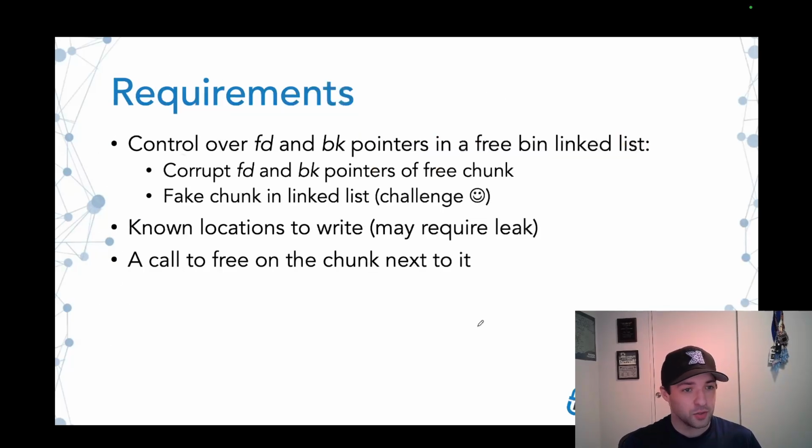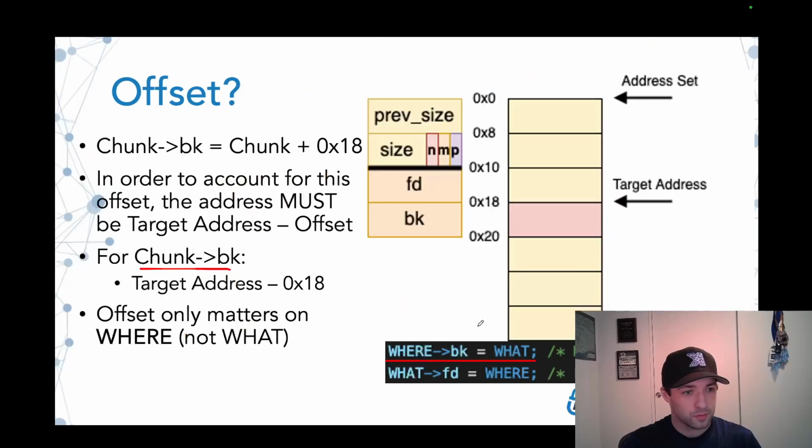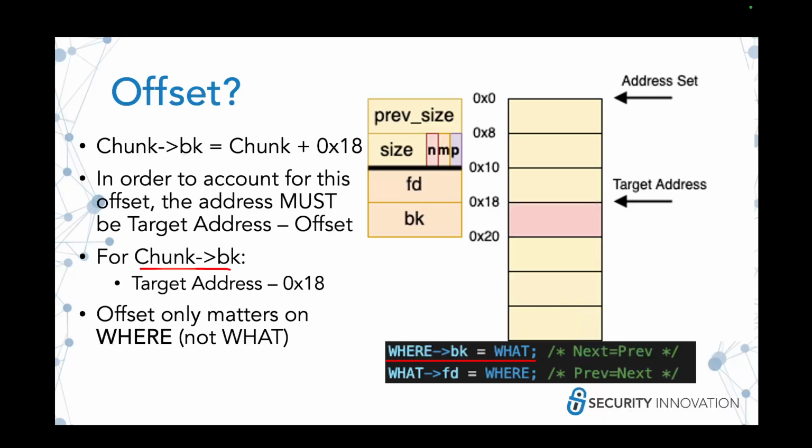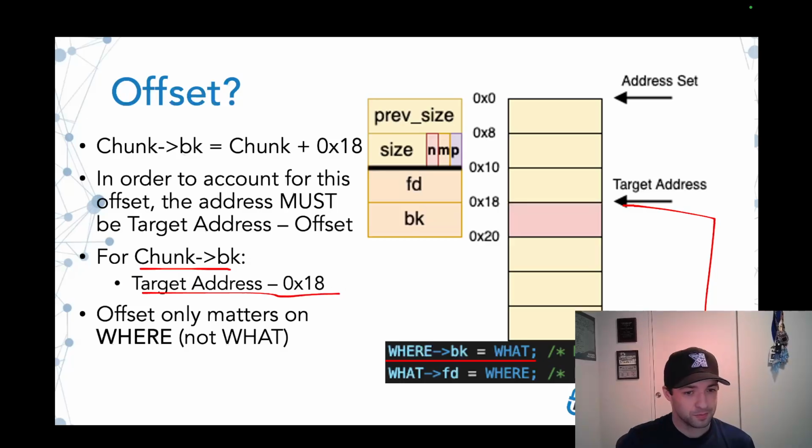If we didn't do this, then what would happen instead is, if we specified the address we wanted to write to, we would do the plus hex 18 and go too far and write to the wrong location. So by subtracting hex 18 in the first place, it writes to the proper location.